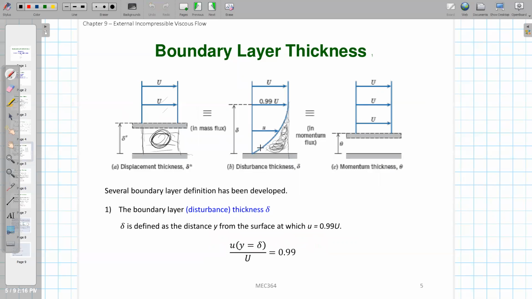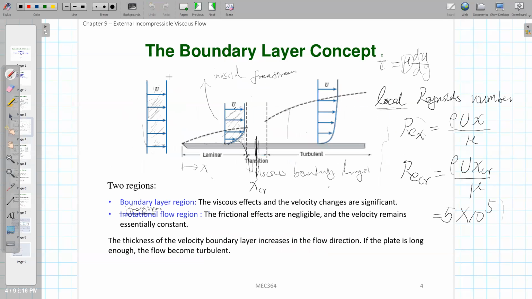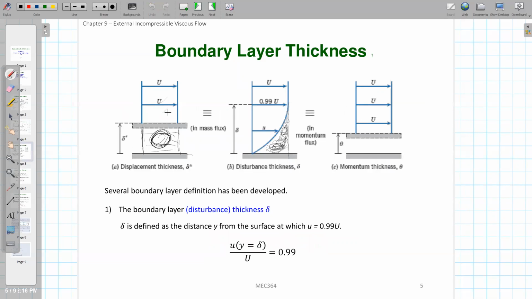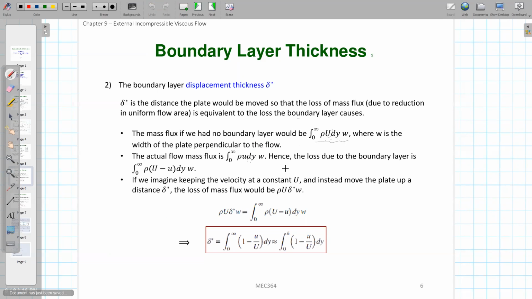This small u is this one. You have to integrate on this curve instead of integrating on that curve. And what's the difference between them? Using this one minus this one gives you the loss of mass flow rate due to the boundary layer. So it will be rho times (large U minus u) dy times w.